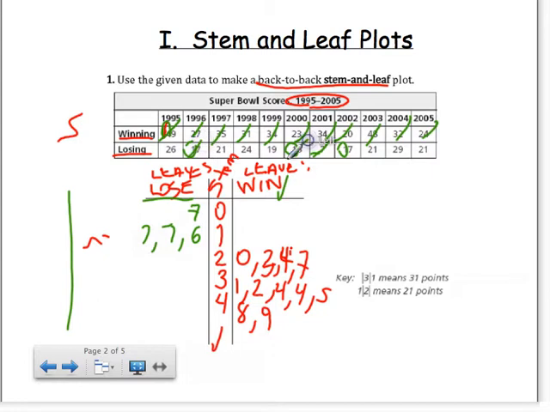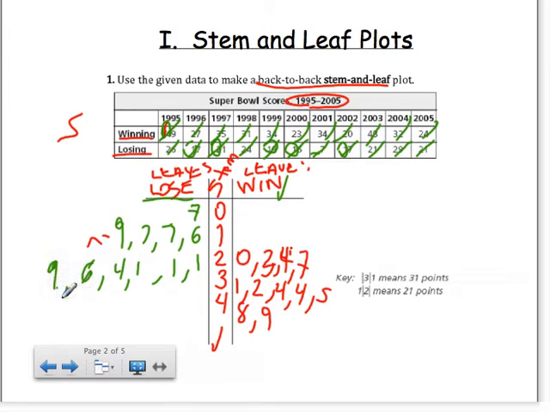Oops, I forgot the 19. Then you look at these 20s, you have 21, 21, another 21, then a 24, a 26, and finally a 29. And that's the losing side of this stem and leaf plot.